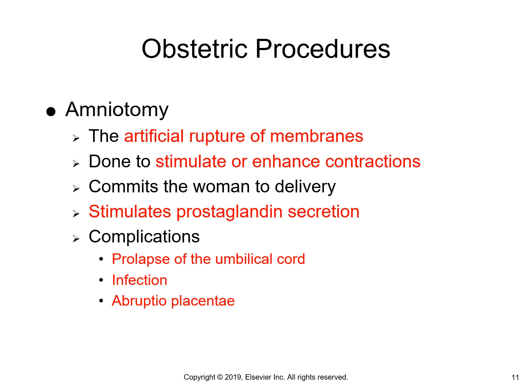This is done to stimulate or enhance the contractions, which of course further helps with labor and delivery. It also stimulates prostaglandin secretion. This procedure is done by a healthcare provider.